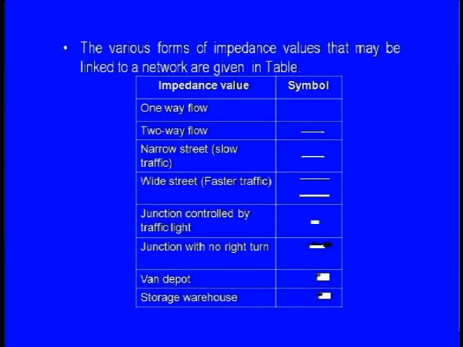So, one-way flow, two-way flow, narrow street, wide street, junctions controlled by traffic light, junctions with no turn, van depot, storage warehouse, all these could be some of the typical symbols that could be used by the analyst to represent certain forms of impedance.